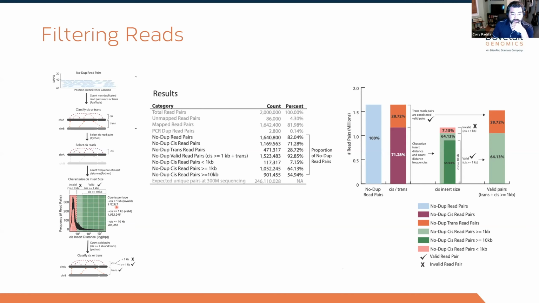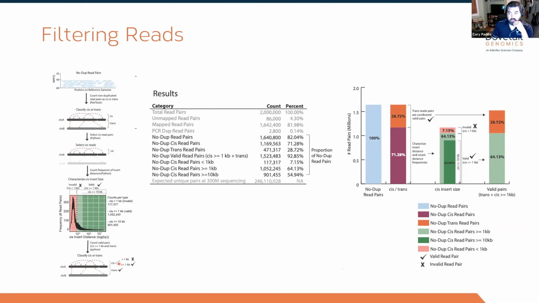So we see that about 100,000 read pairs of this 2 million are cis less than 1 kb, or invalid. Cis greater than or equal to 1 kb are valid. So we have a little over a million. And of those, almost 900,000 are greater than 10 kb.